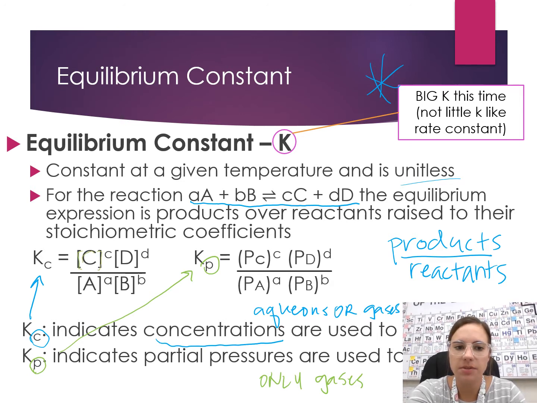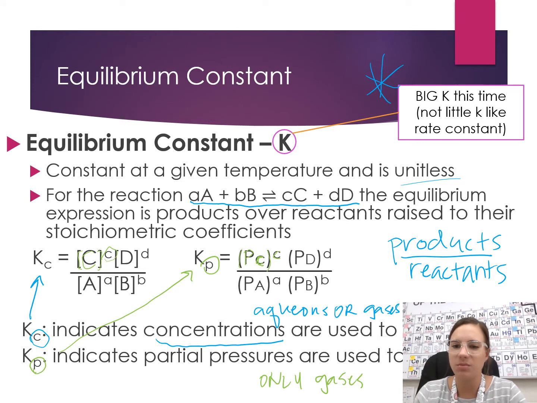We put our substance inside the bracket, and then we put our coefficient to the top right. If we use partial pressure, we typically use a capital P to indicate that we're using pressure. We use parentheses because it's not concentration, so we don't need those brackets. And then we put the substance below the large P, and then we raise it to its coefficient.